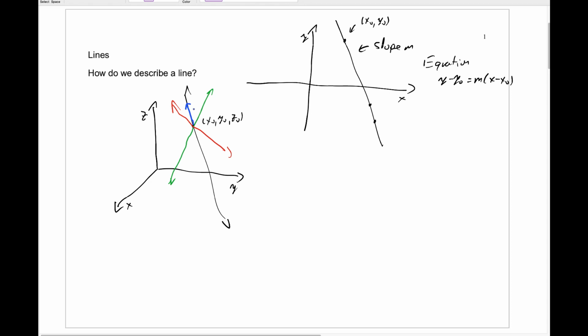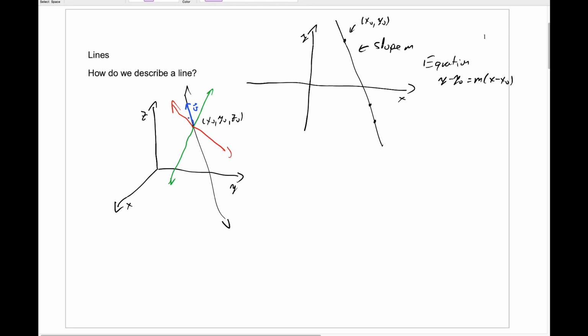So this blue thing I've drawn is a vector, I'll call it V. And if you know the point x naught, y naught, z naught is on the line, and you know this vector, we're going to call this the direction vector of the line, that goes in the direction of the line. And we could go either downwards here, or upwards, any vector that lies entirely in the line.